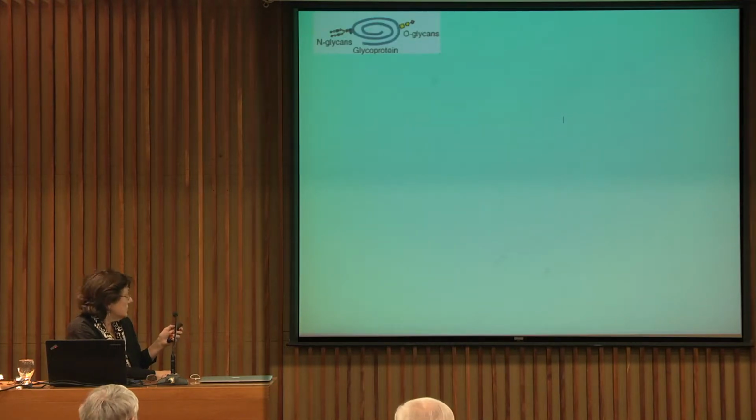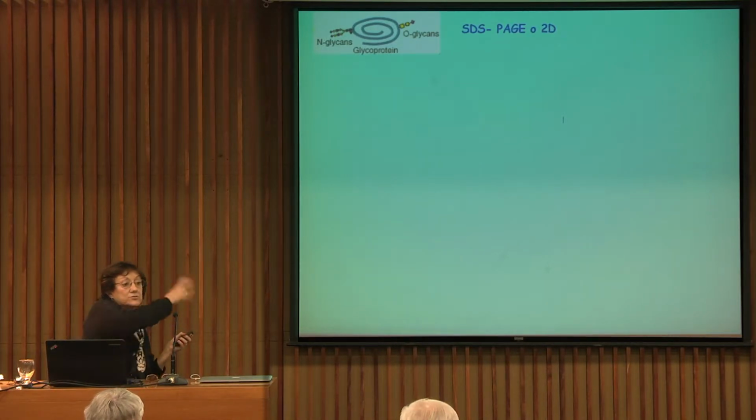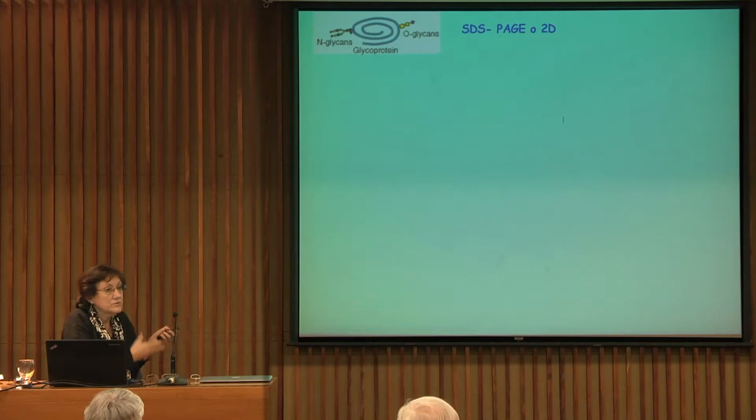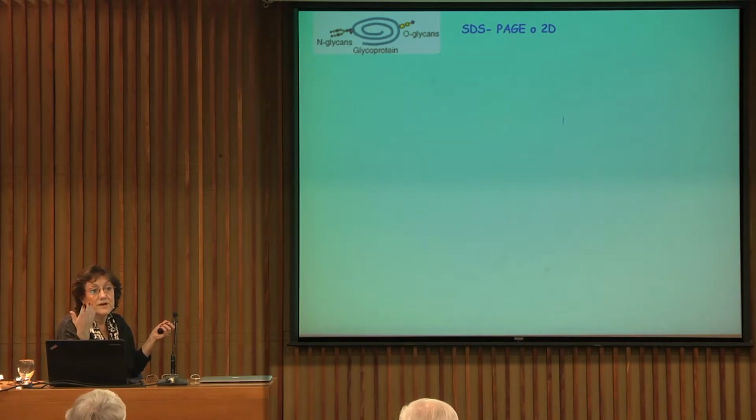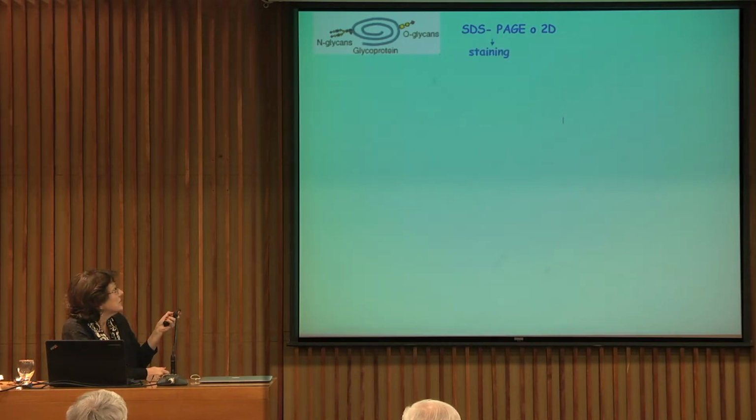Well, if you have a glycoprotein, I'm just showing you a workflow to remember how to work with this. In general, it's very common to work with a gel band, because having a purified glycoprotein is not easy, as we have seen today. So we have an isolated glycoprotein in a gel band. You stain it and you cut the gel band.